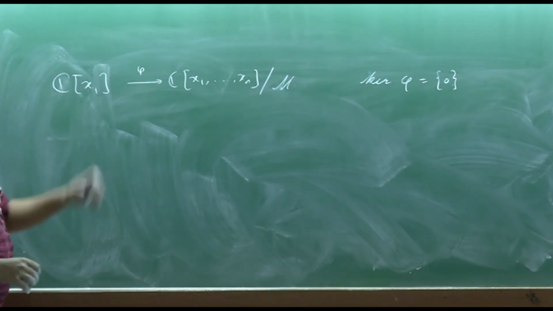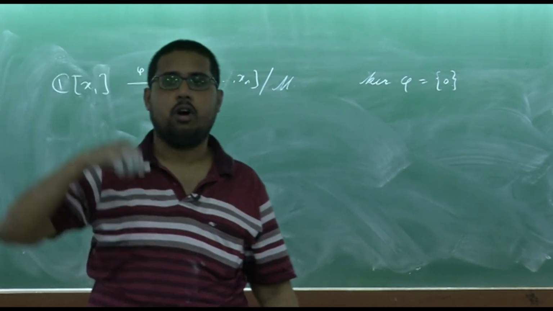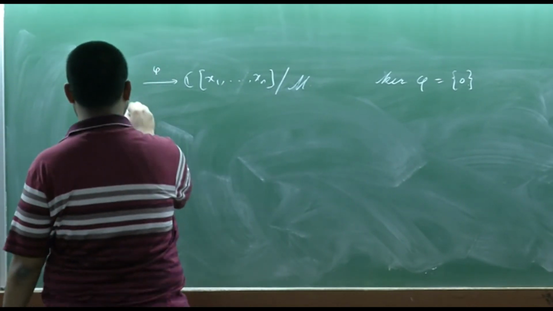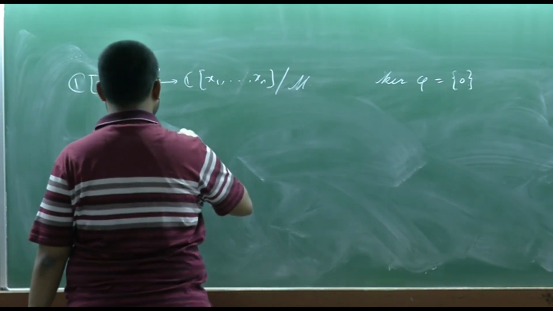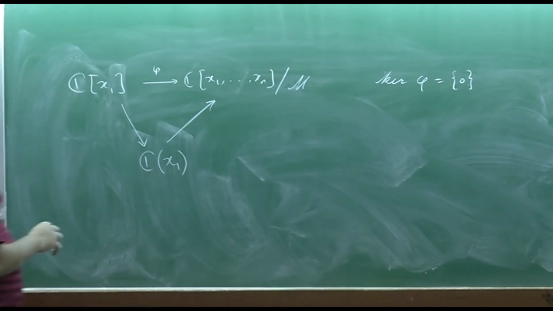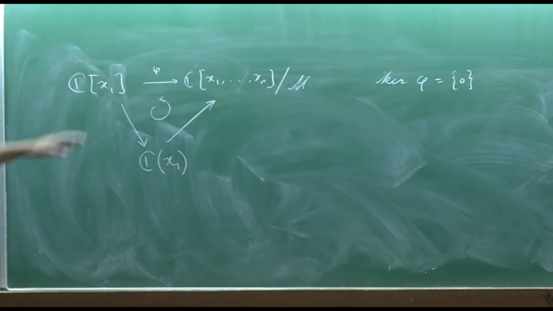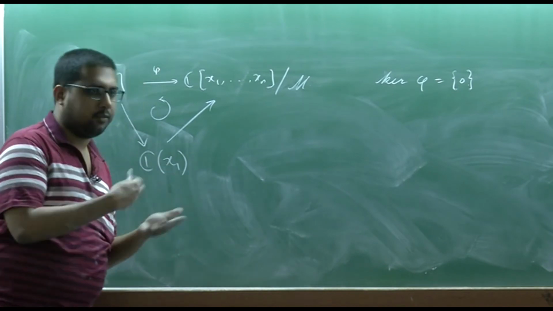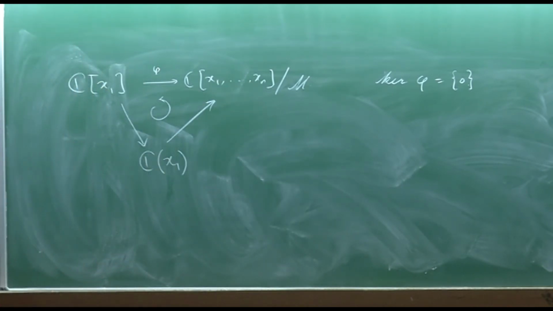That means this is an injective map, therefore it will extend to a unique homomorphism from the quotient field. You may write x1, or as I said, you can simply drop it from the notation. So this phi extends to a unique homomorphism, which of course has to be injective, from this field to that field.